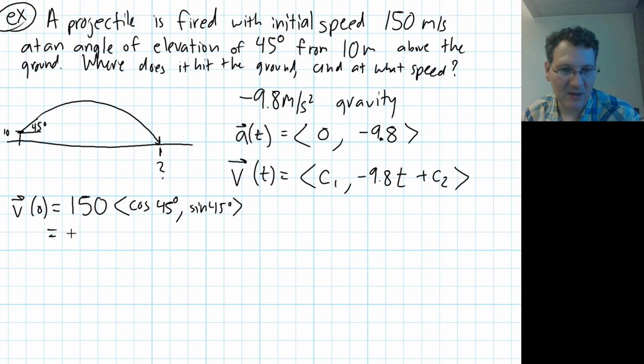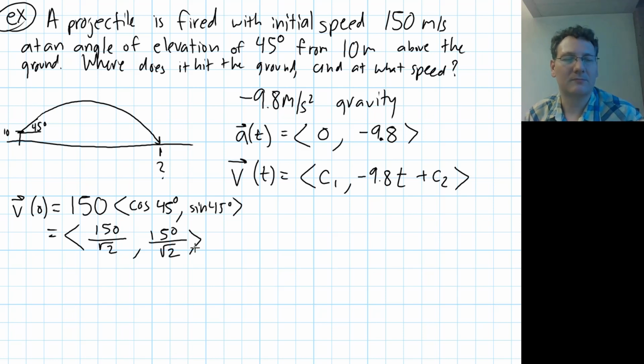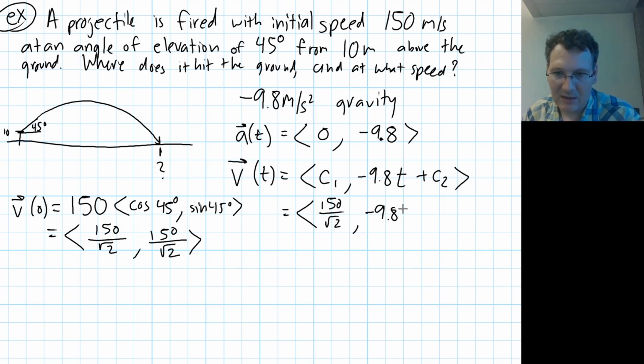This is actually going to be 150 over root 2, comma, 150 over root 2. These are actually both the constants, and so you can write this as 150 over root 2, comma, negative 9.8 t plus 150 over root 2.